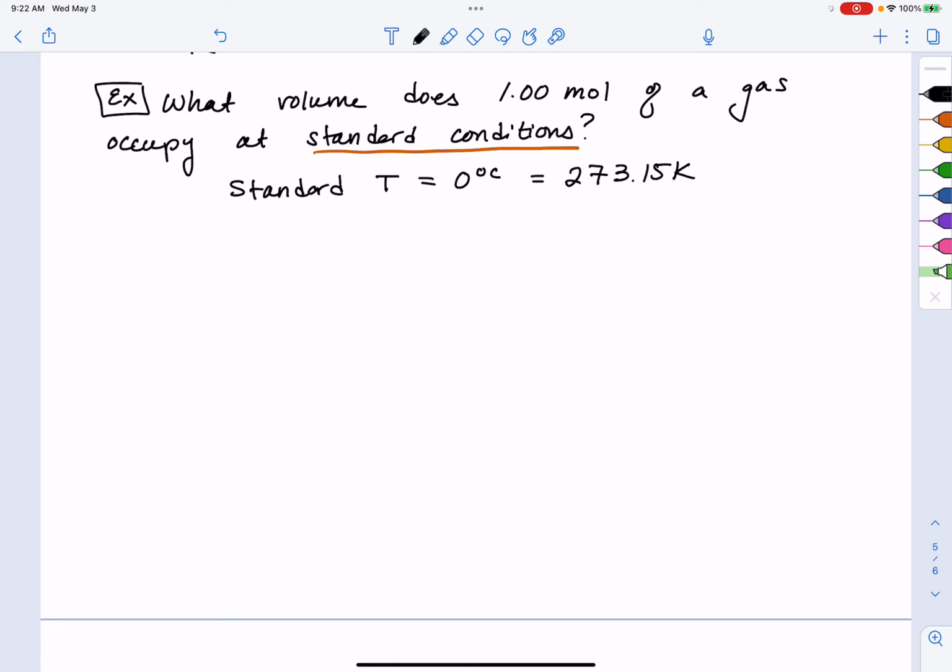When we were talking about thermodynamics, it was 25. That's a little difference there. And then standard pressure is exactly 1.00 atmospheres. And I want to know what volume.